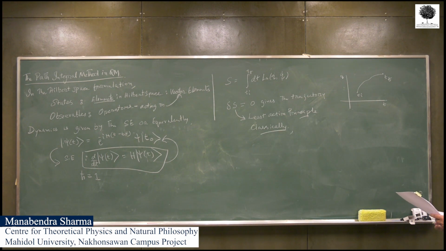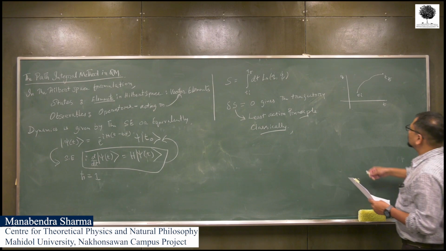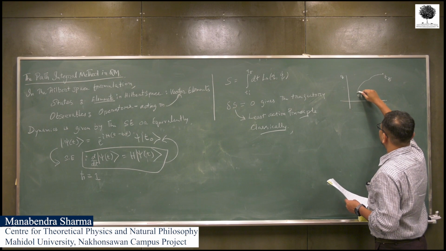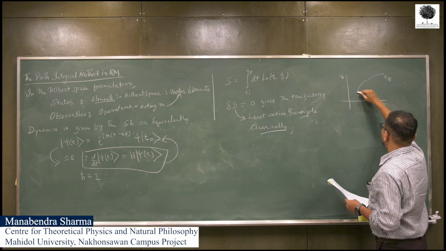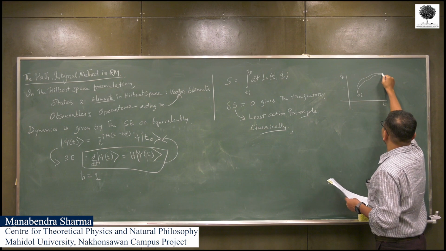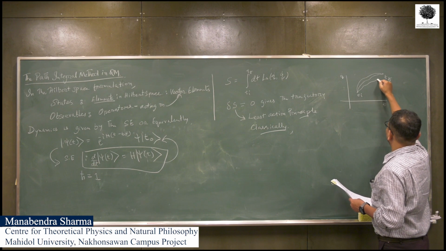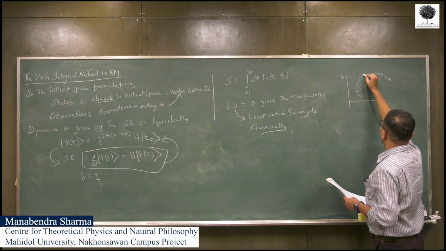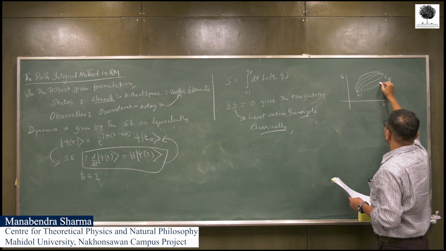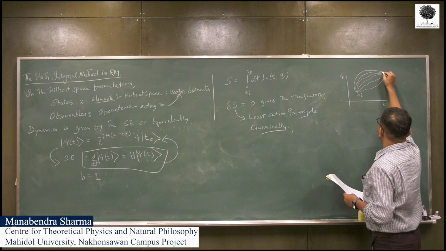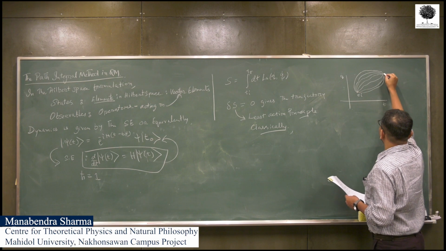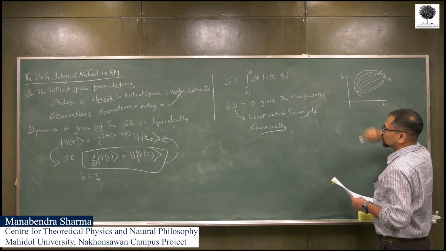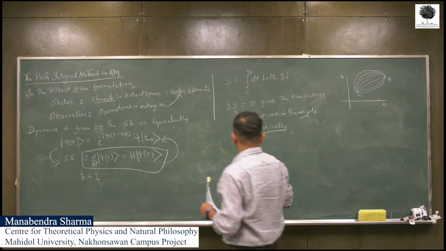But quantum mechanically, it could be possible that all paths, the probability of a particle going along all the paths, has to be taken into account to know the transition amplitude.